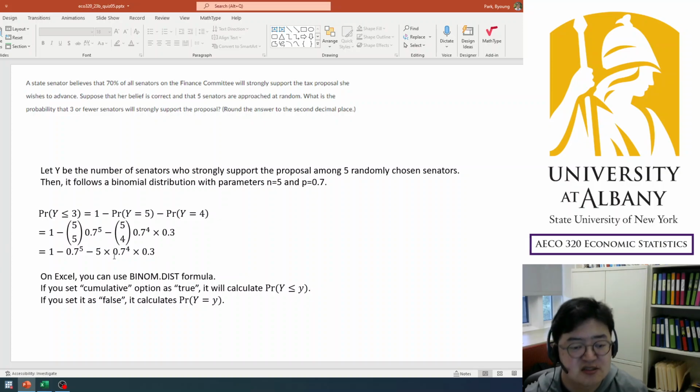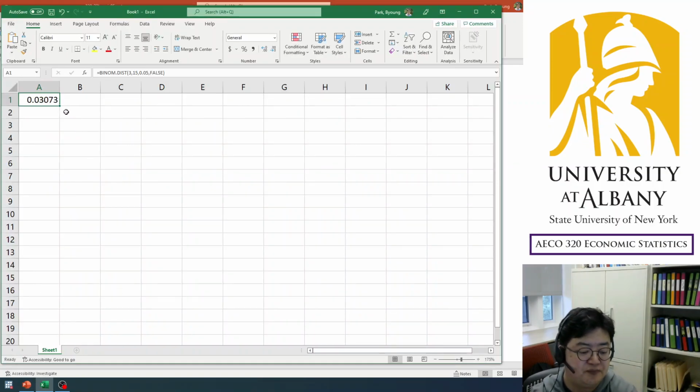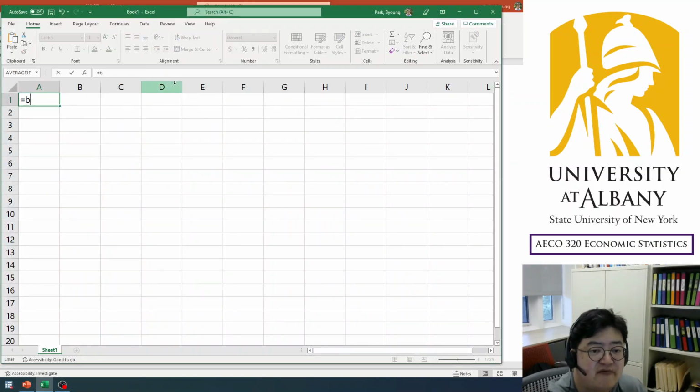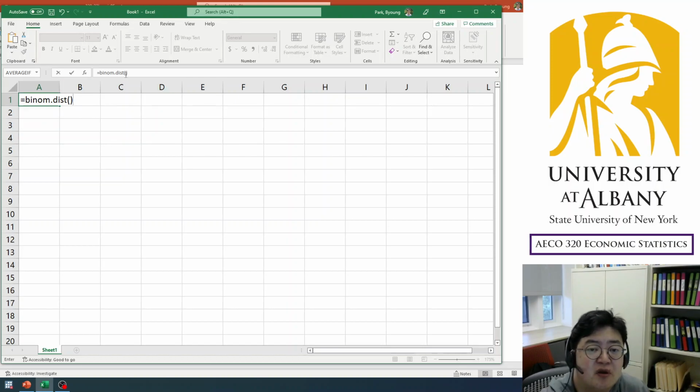But it is cumbersome, so we are going to use Excel. Again, the formula you are going to use is binomial distribution, BINOM.DIST. Here we enter the number of successes as 3. We are interested in 3 or fewer, out of 5, and 70%.